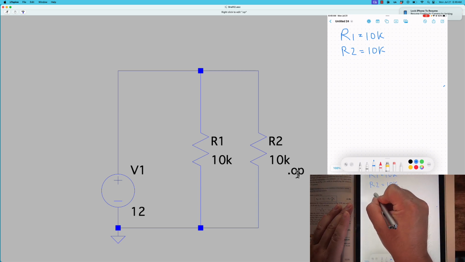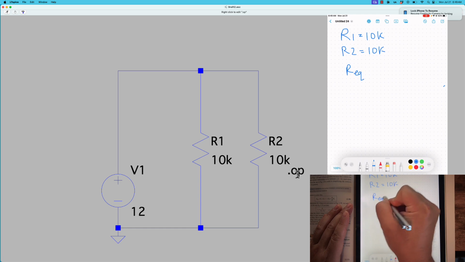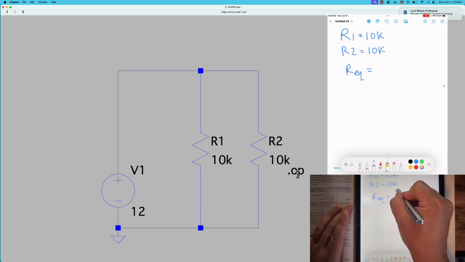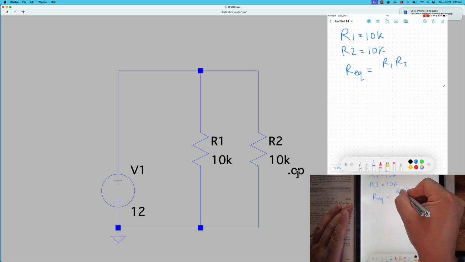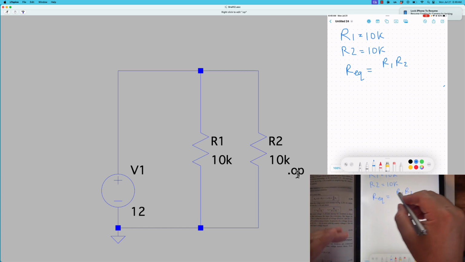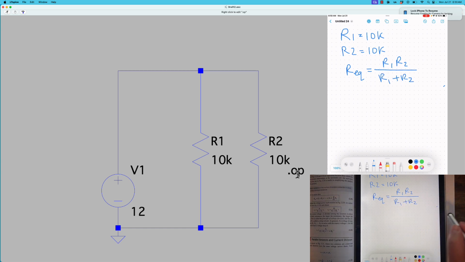And remember, if there's no multiplication sign between two variable names or numbers, we can assume that it's multiplication. R1 plus R2 over here.